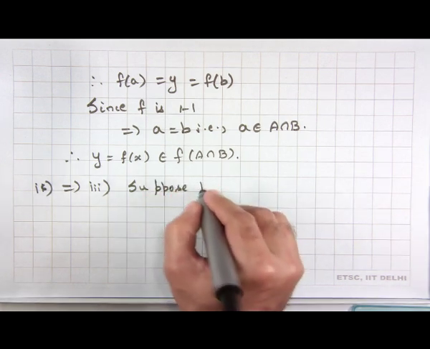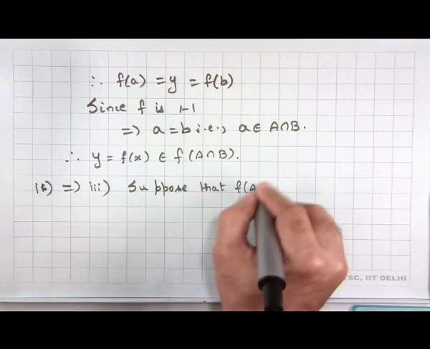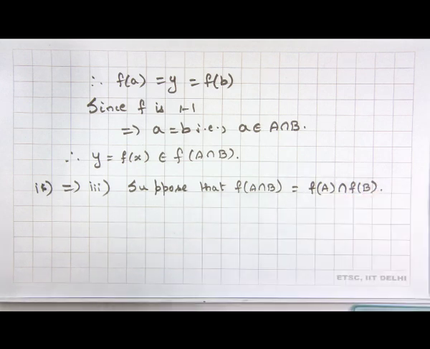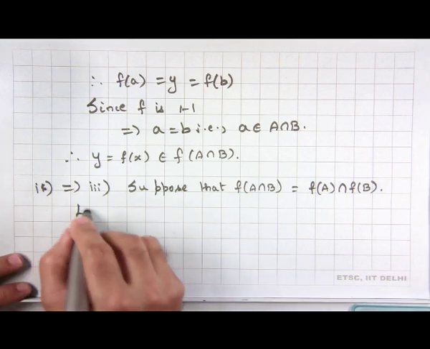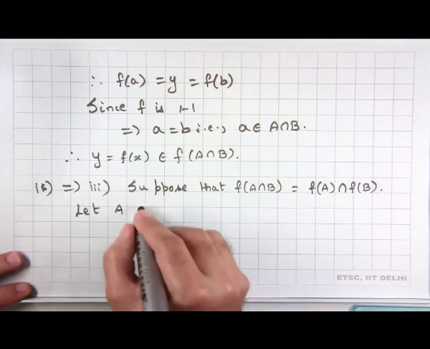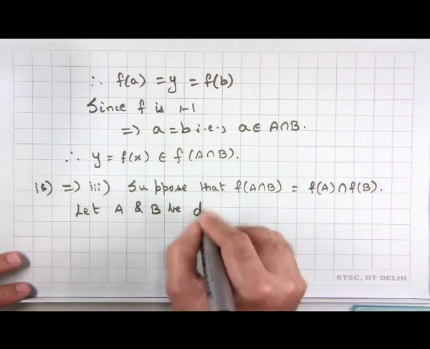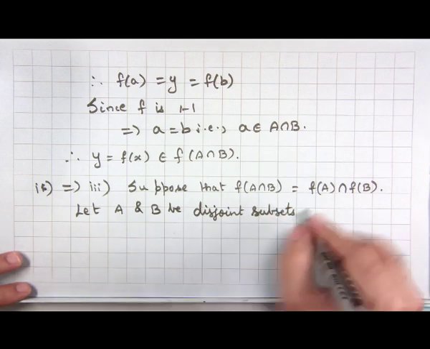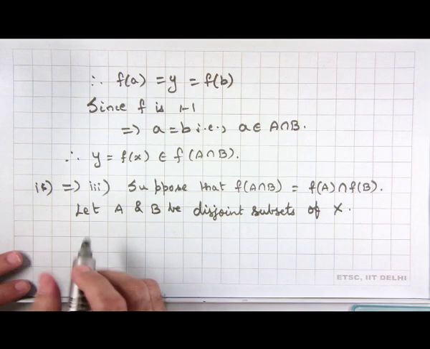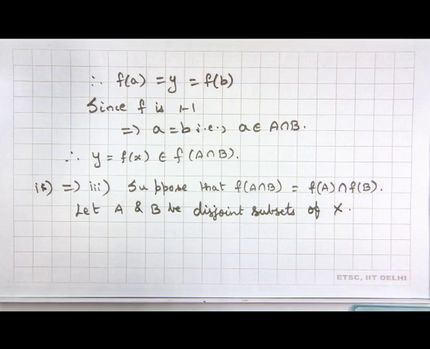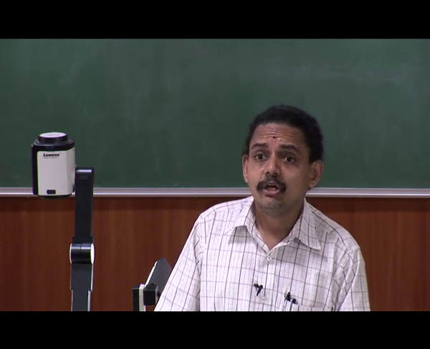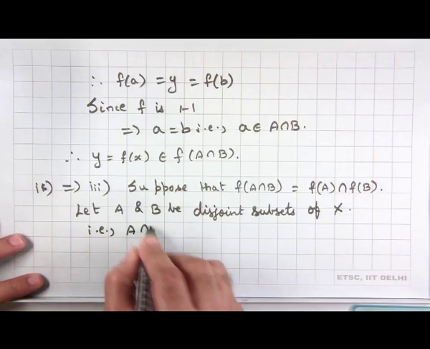Suppose that f of A intersection B equal to f of A intersection f of B. Now, let A and B be disjoint subsets of X. So, what we have is f of A intersection B is equal to f of A intersection f of B. This holds for all subsets A and B. Now, what we are given is that A and B are any two disjoint subsets of X, that is, A intersection B is empty.